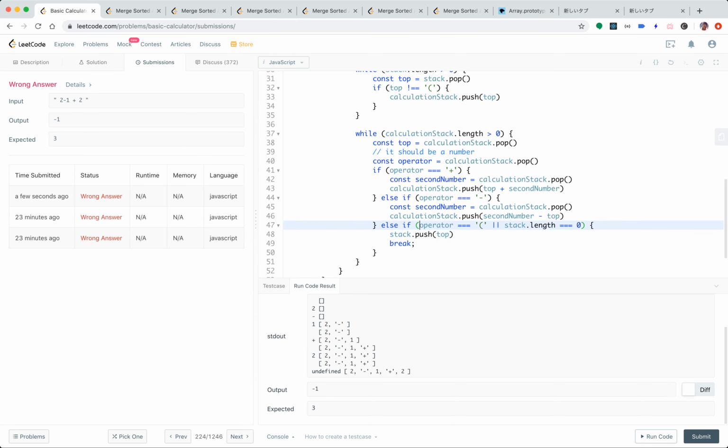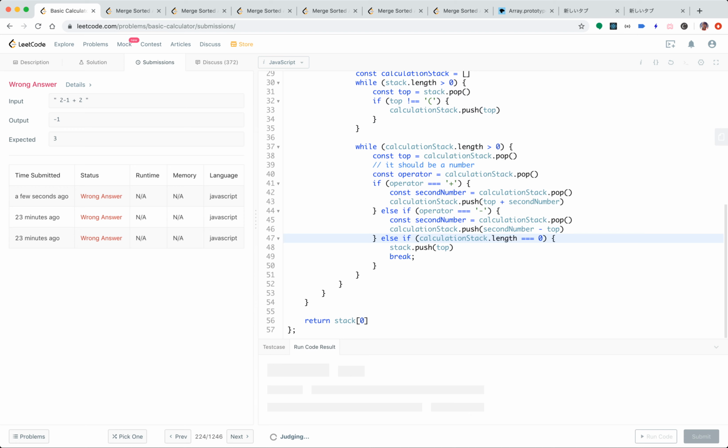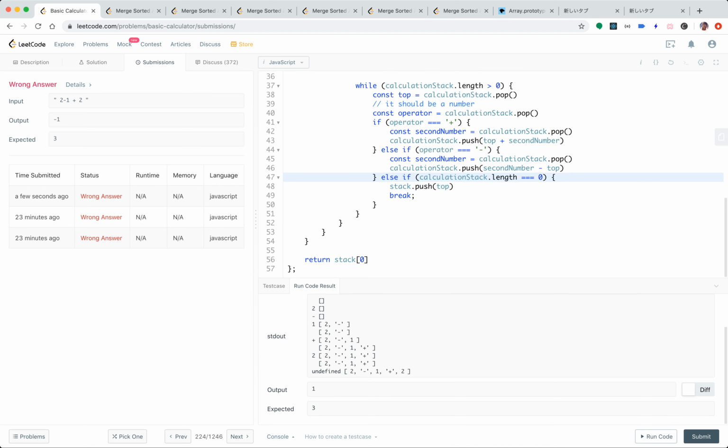Else if stack length is 0, calculation stack length is 0, we stack push top, stack push it back. Okay, run answer.